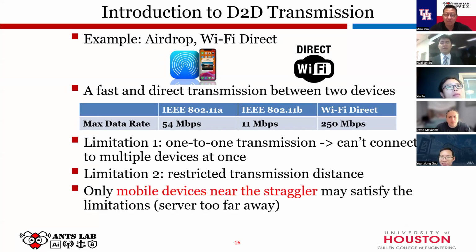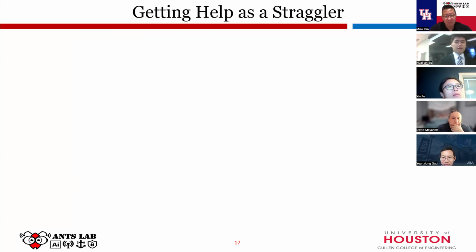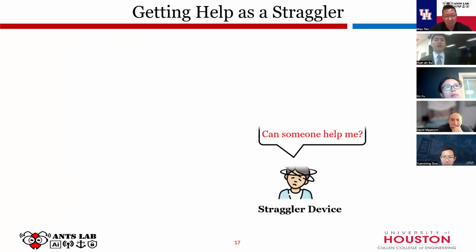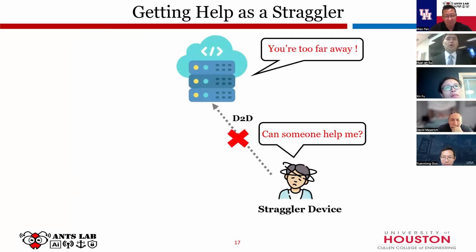With those two limitations, only the mobile devices that are near the straggler may satisfy them, and we also usually assume that the server is too far away for those devices to connect. So to get help, a straggler says, can someone help me? He first reaches the server, and because the distance is too far away, the server rejects the request.